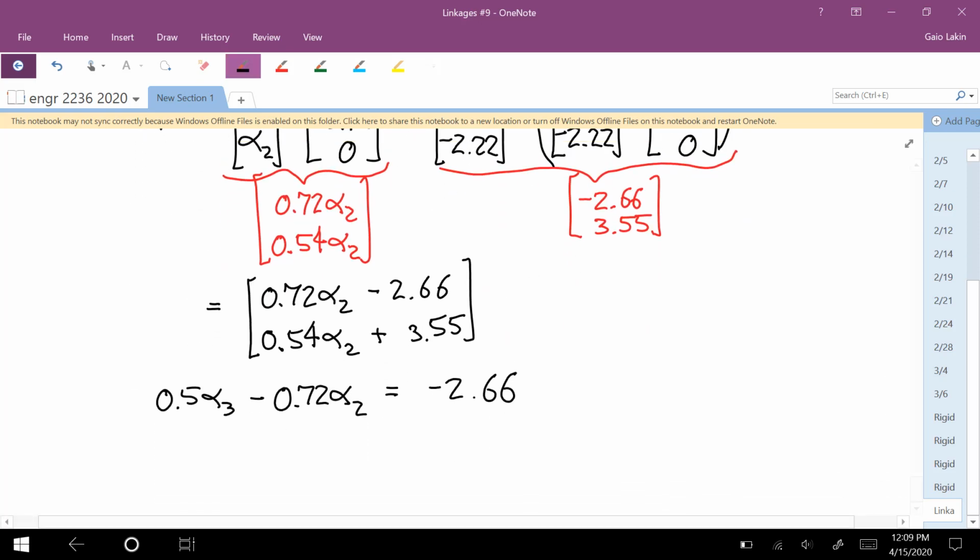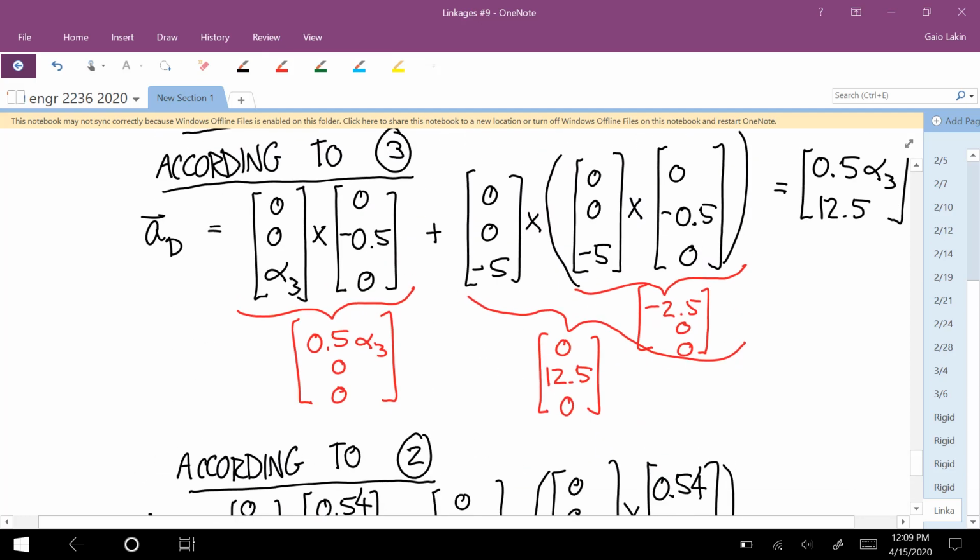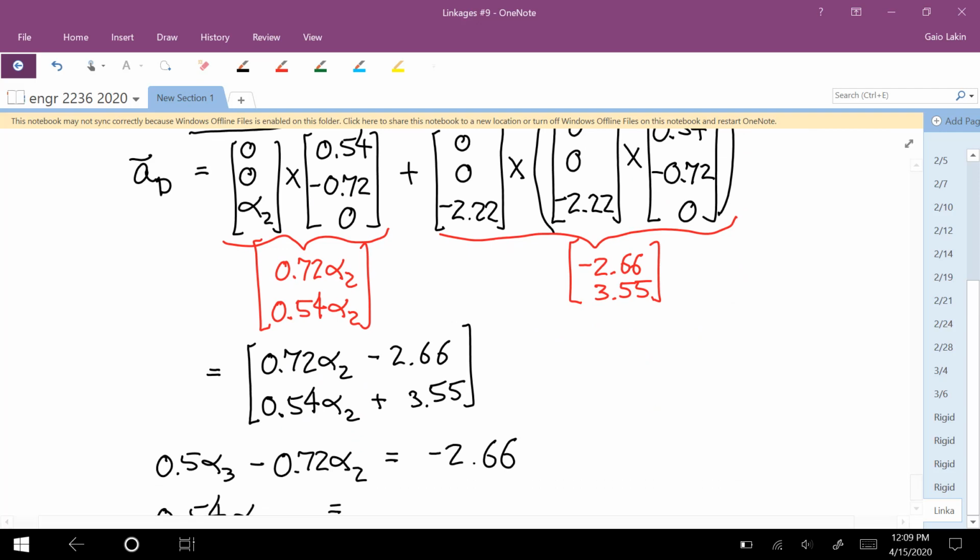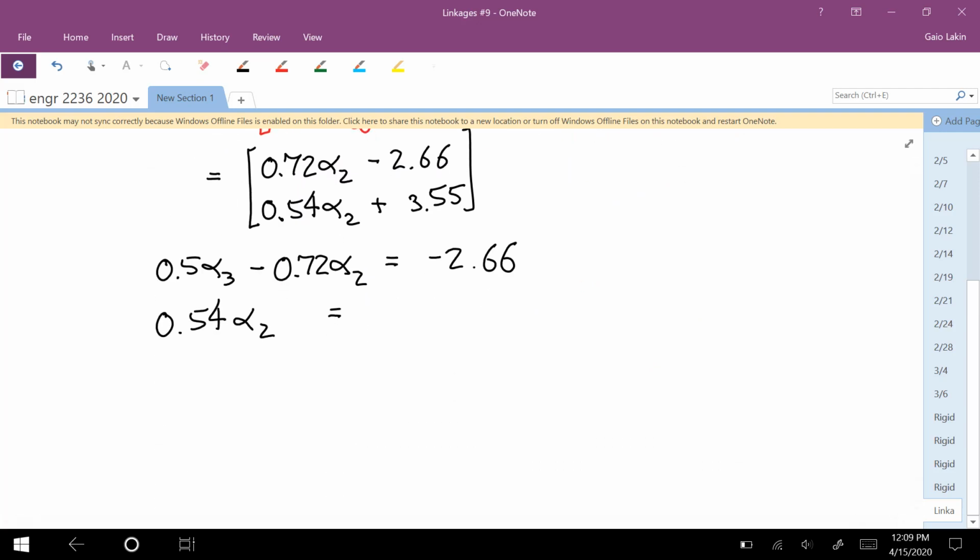And then we have 0.54 alpha 2 is equal to 3.55 minus 12.5, so negative 8.95.